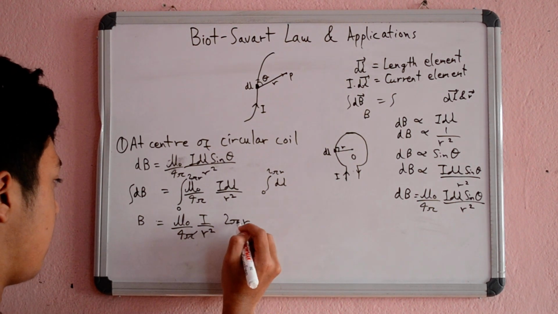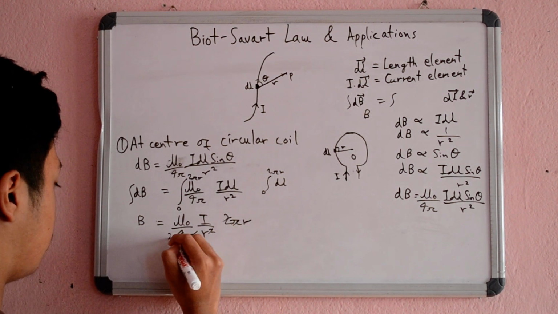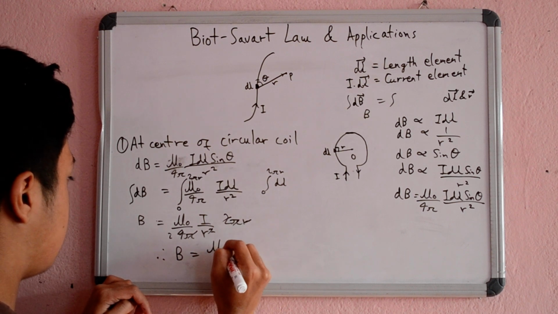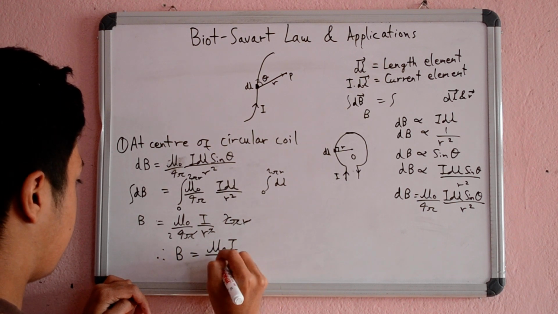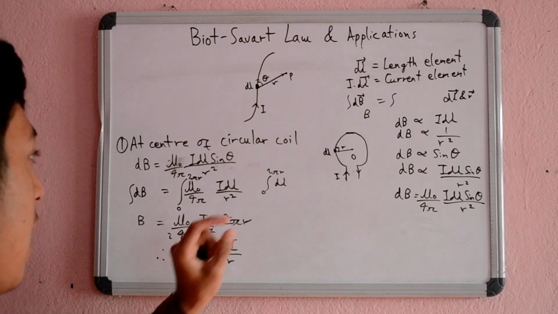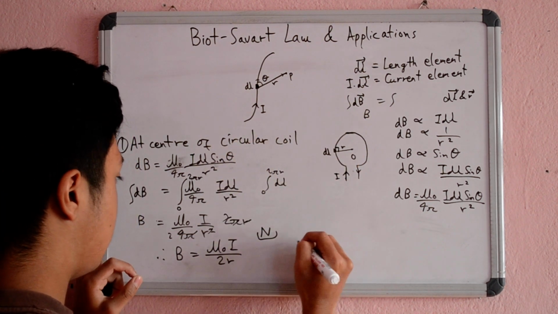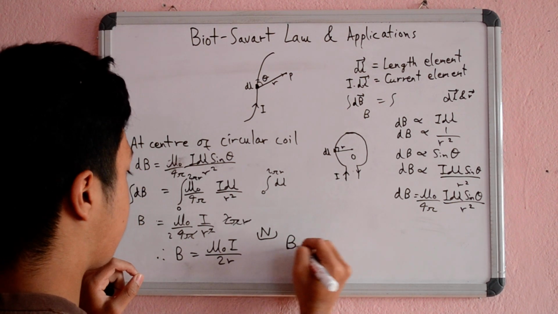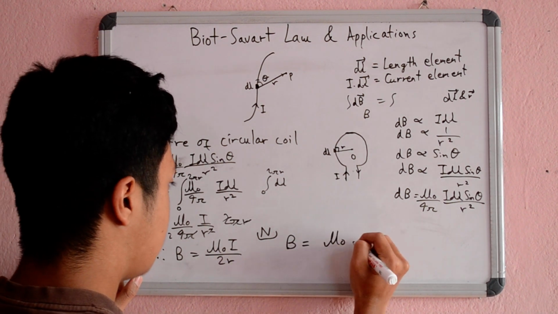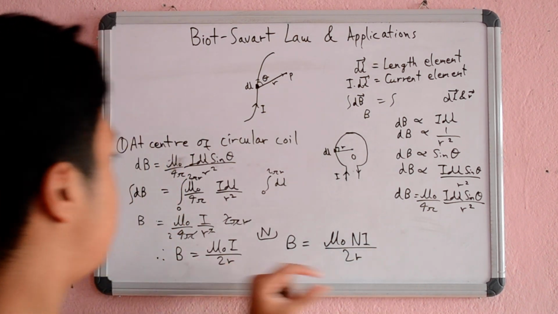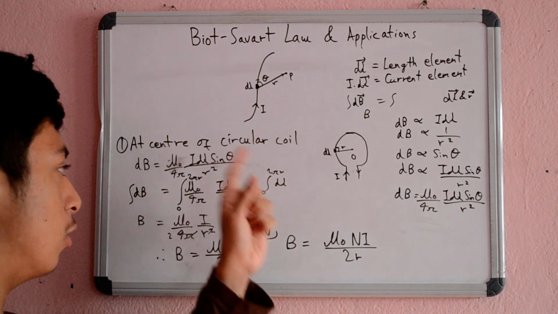So you can cancel pi r with r square, 2 with 2. Therefore the magnetic field will become mu naught I by 2r. And let's just say this circular coil has n number of turns, then the magnetic field becomes mu naught N I by 2r. This is for the center of a circular coil.